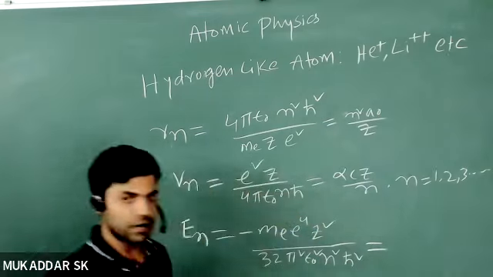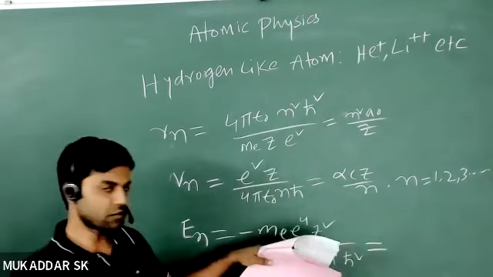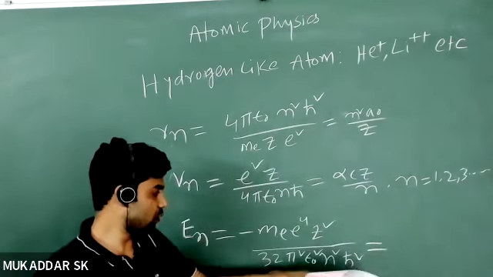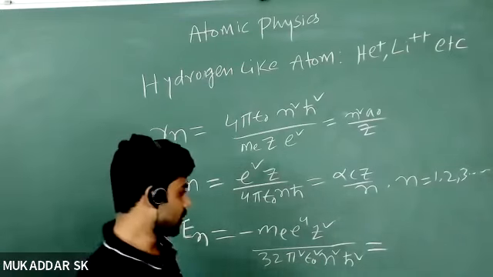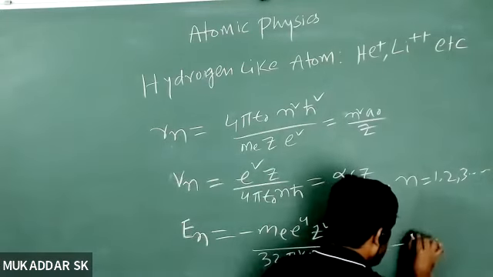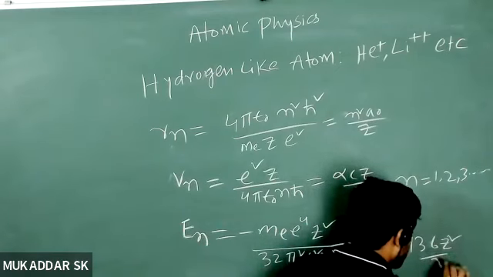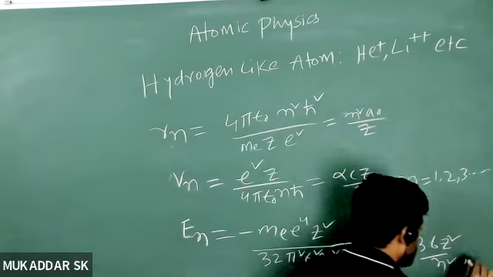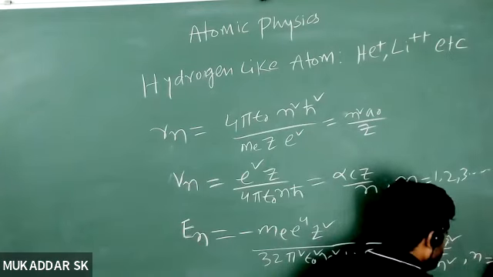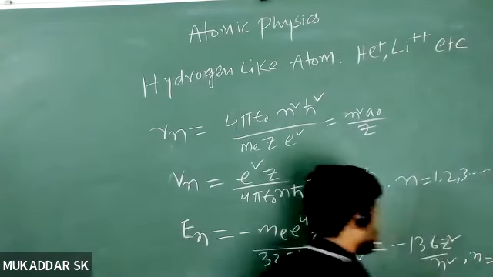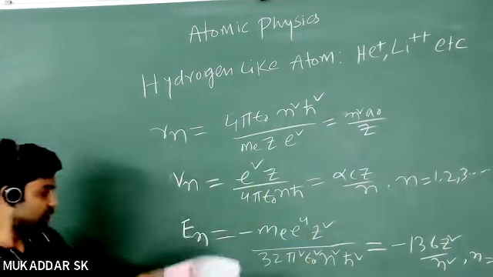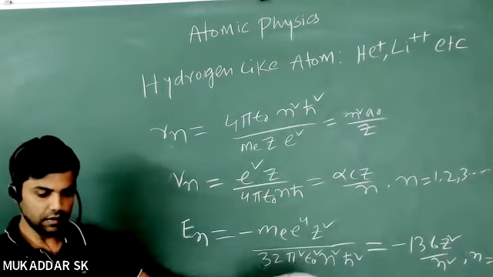In short form, if you substitute the mass of electron, charge of electron, epsilon naught, h cut, you will get basically minus 13.6 Z square divided by n square, where n again is 1, 2, 3, and so on. It means that energy levels are discrete in nature.